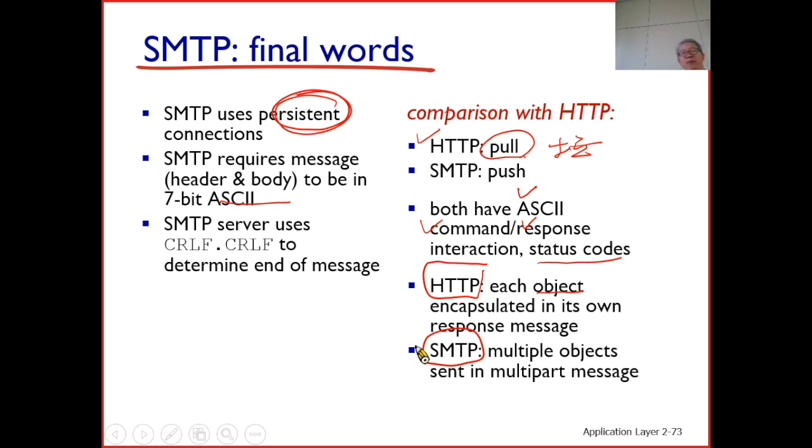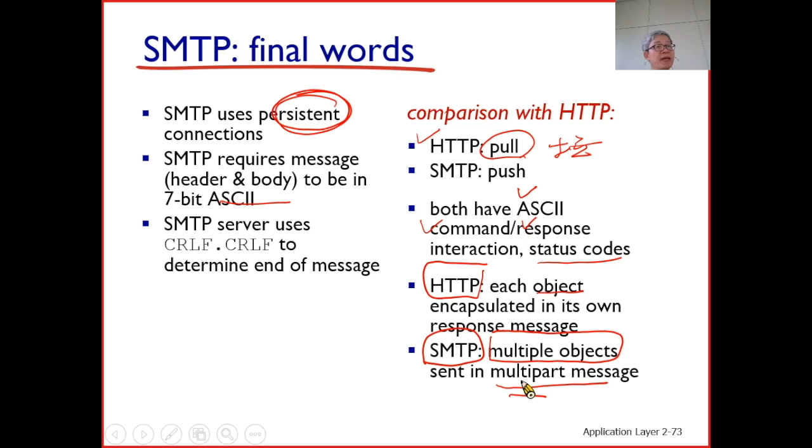If we can put them together, then we have multiple objects that can be put into a single message. Here we call it a multi-part message. And this one is different from HTTP, so that's why we have to know SMTP can put multiple objects into the multi-part message. And that's it. So this is SMTP.